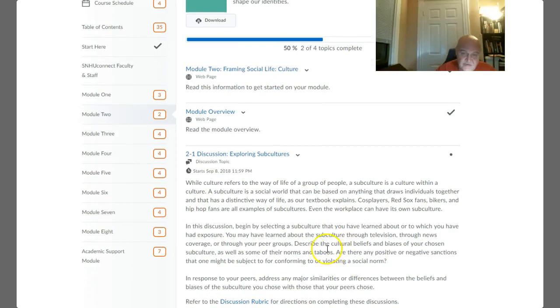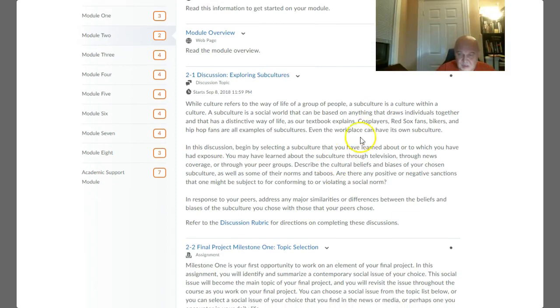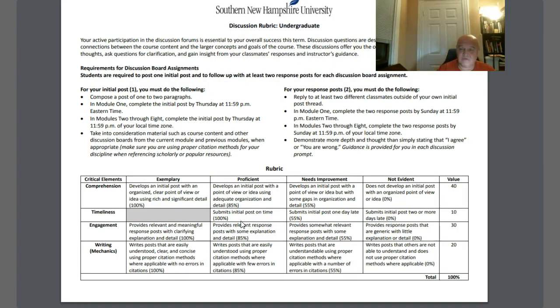First, there's going to be a discussion. This discusses culture and subculture. So let's look for a moment at this discussion rubric that will help you to get started. Your discussion rubric is how you're graded on your discussion.